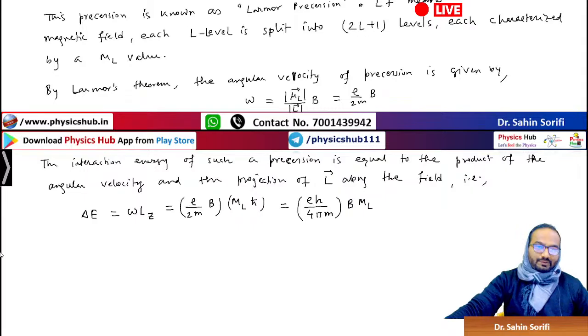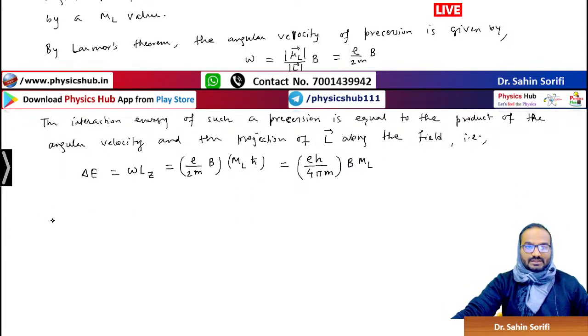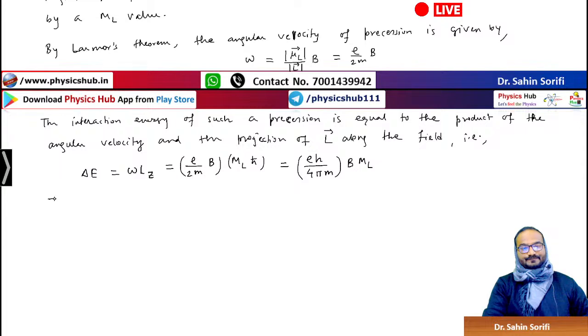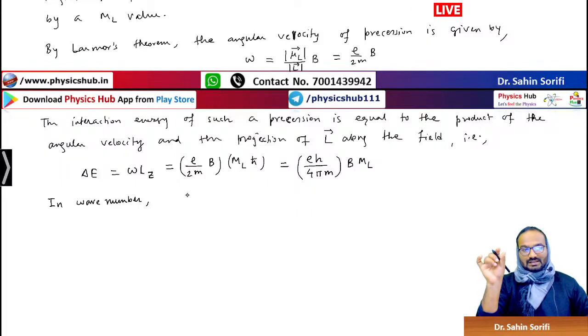So in atomic physics we generally express this kind of thing in terms of the wave number. You know what is wave number? When you want to express in wave number, it is expressed in length inverse, most of the time in centimeter inverse, 1 by lambda.